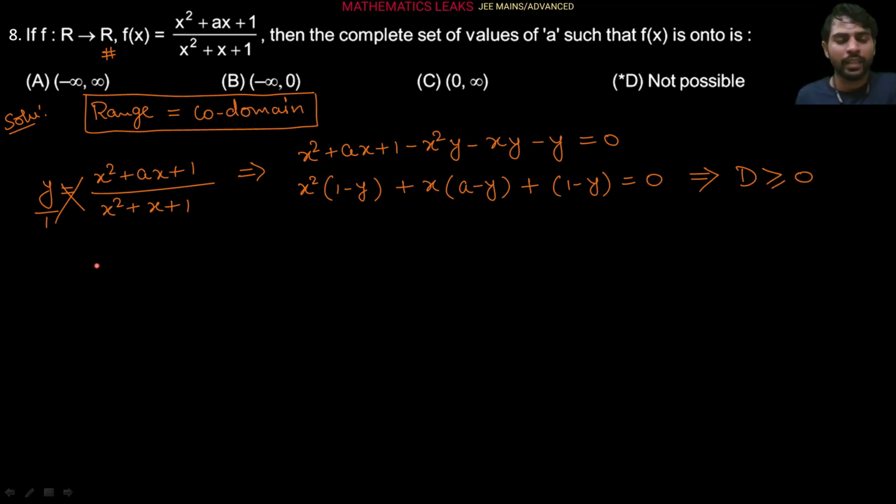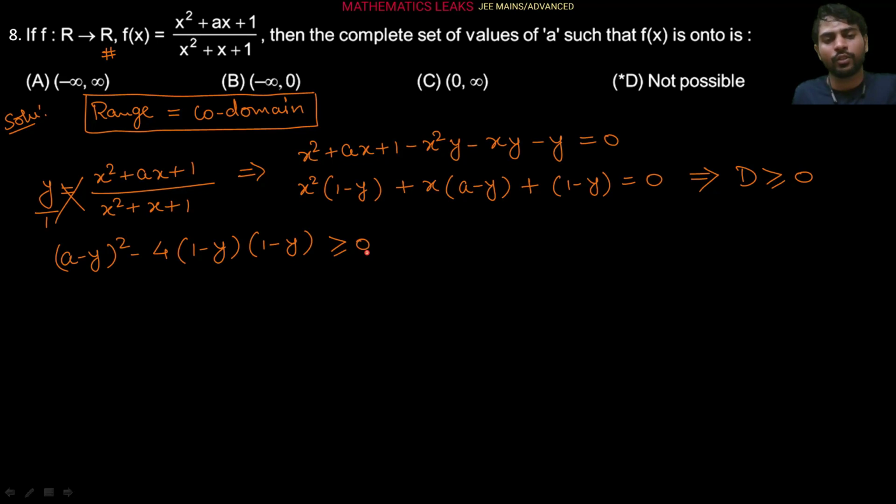On applying this, we can write b square minus 4ac greater than or equal to 0, which means a minus y whole square minus 4 times (1 minus y) into (1 minus y) must be greater than or equal to 0. On simplification, we get a square plus y square minus 2ay, minus 4 times this given quantity 1 plus y square minus 2y, must be greater than or equal to 0.